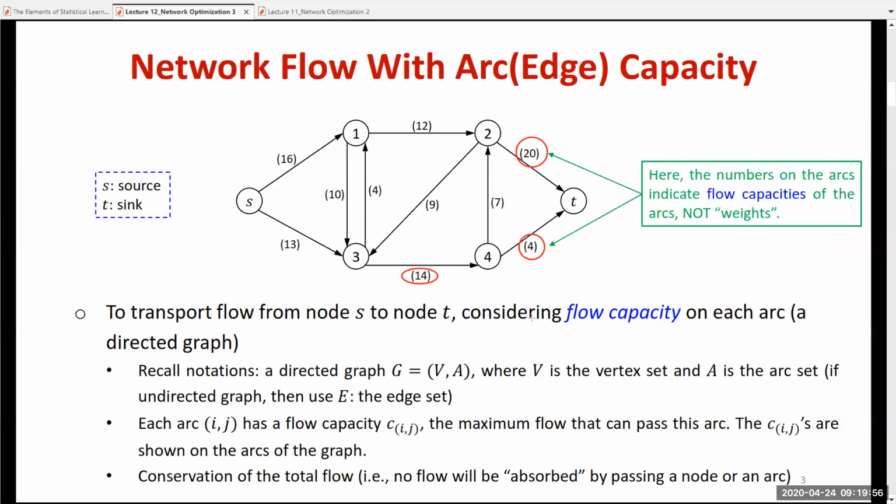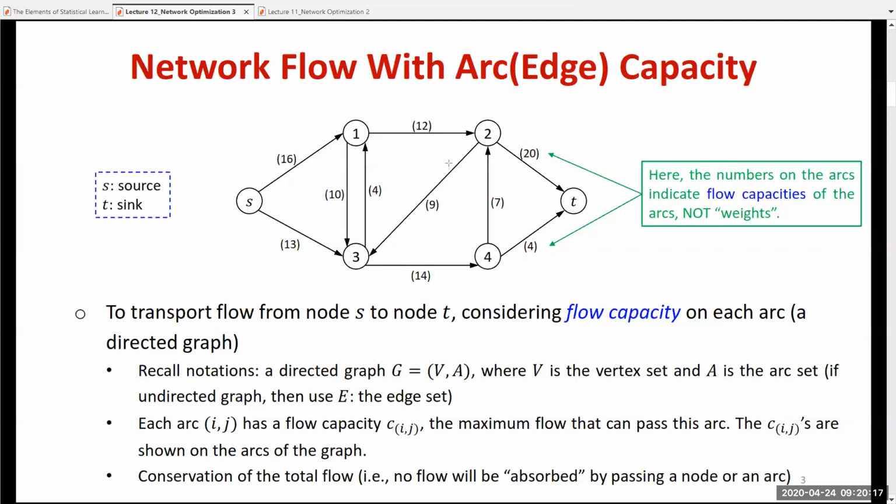So in general, suppose I give you a graph G(V, A), where V indicates the vertex set and A indicates the arc set. Then I have an arc capacity or flow capacity, which is Cij.